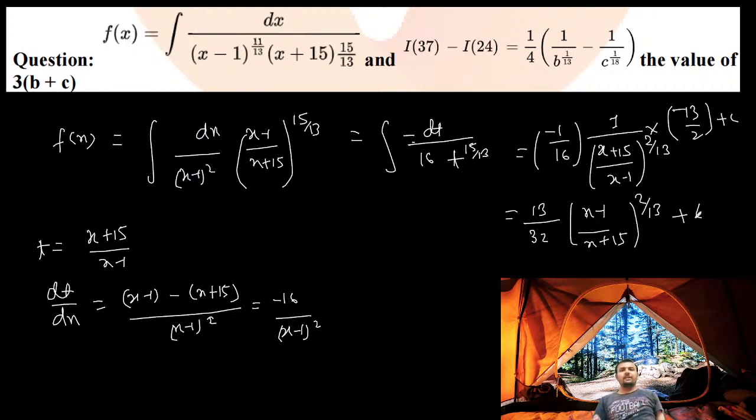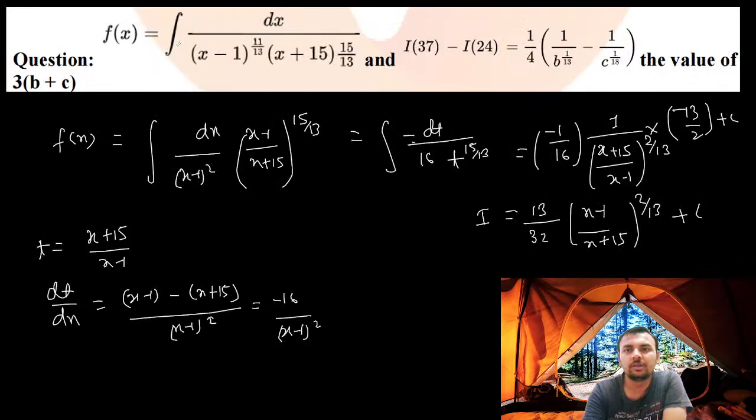Now I 37. Okay, so this is I. Let's carry I. I is 13 by 32, x minus 1, x plus 15 to the power 2 by 13 plus c.